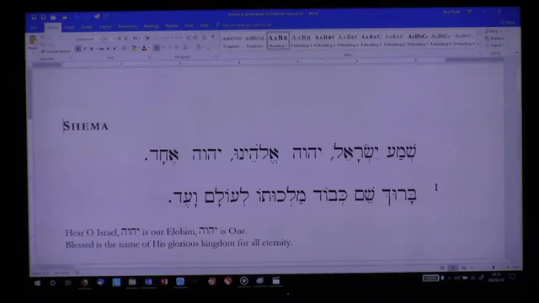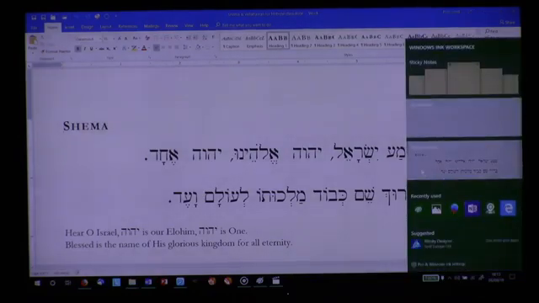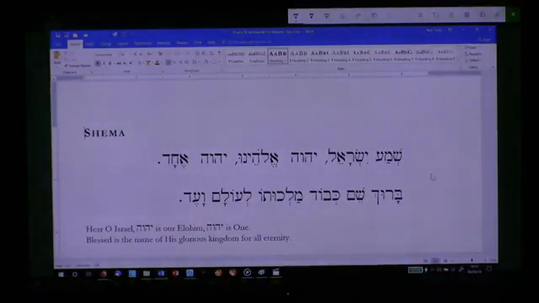The class book, the school book, if you're looking in this, it's on page 46 in the Siddur, in the Restoration Ministries Siddur. Go to page 39 in the book, or 46 in your Siddur. Here's what we have.